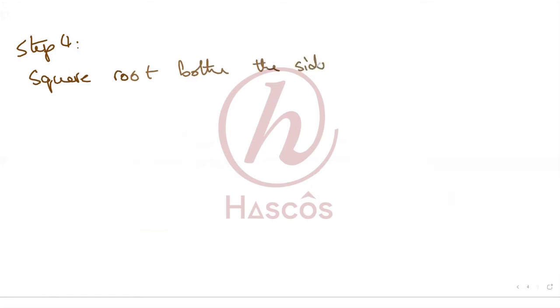Now we proceed with step number 4, in which we square root both the sides. So since we have x minus 1 whole thing squared equals 3, we're going to square root both of the sides to cancel out the square. So x minus 1 squared, this is being square rooted.